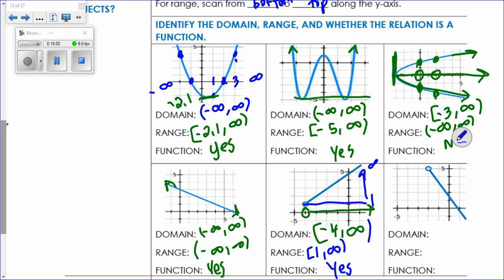Last one, domain goes from -2 to infinity. The range comes from negative infinity and goes all the way up to 5.